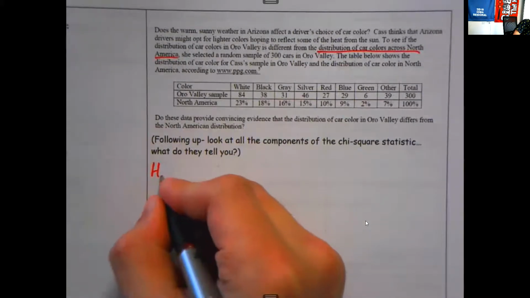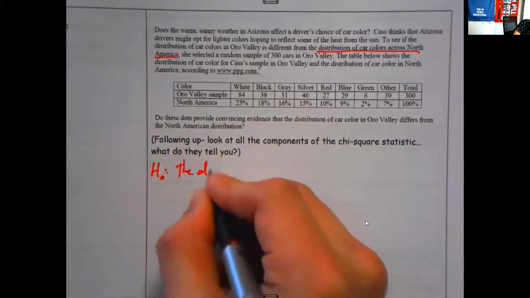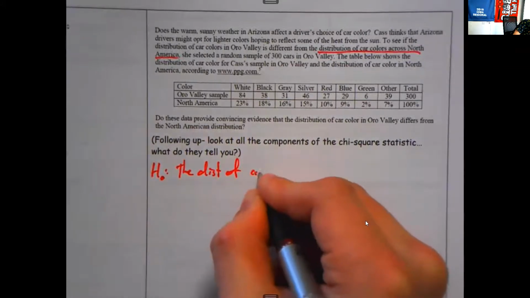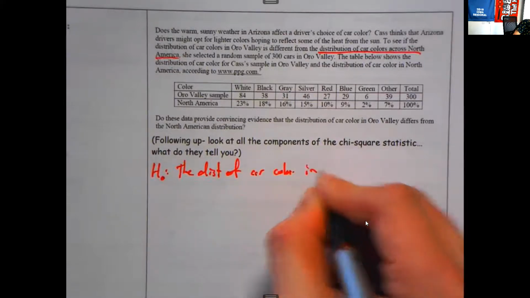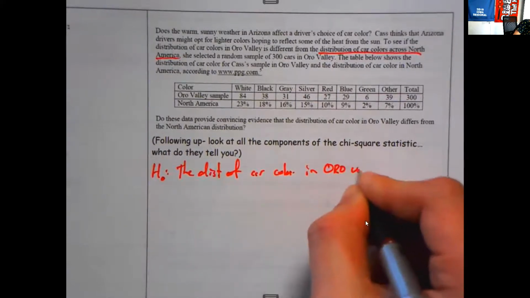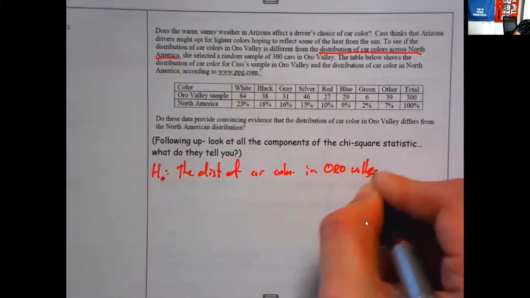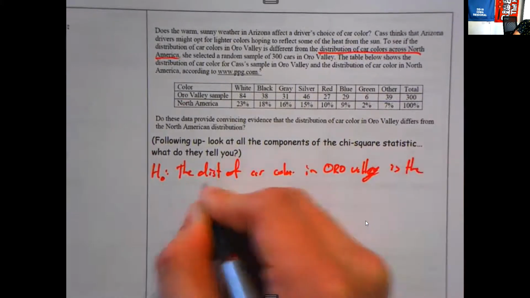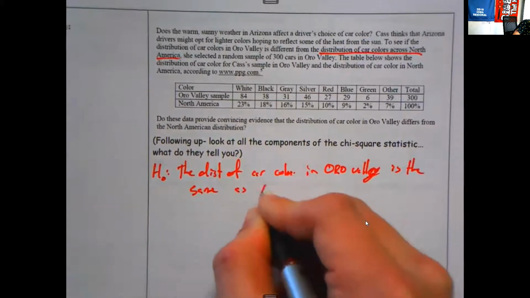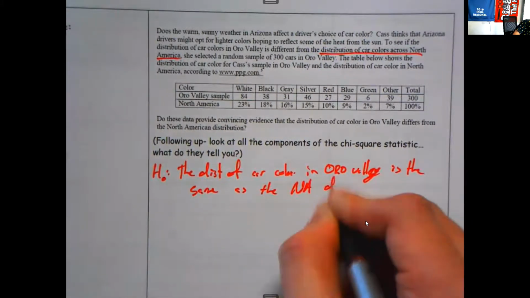All right, the table shows the distribution of car colors in Cass's sample and the distribution of car color in North America. Do these data provide convincing evidence that the distribution of car color differs from the North American distribution? So, null hypothesis: the distribution of car color in Oro Valley is the same as the North American distribution.